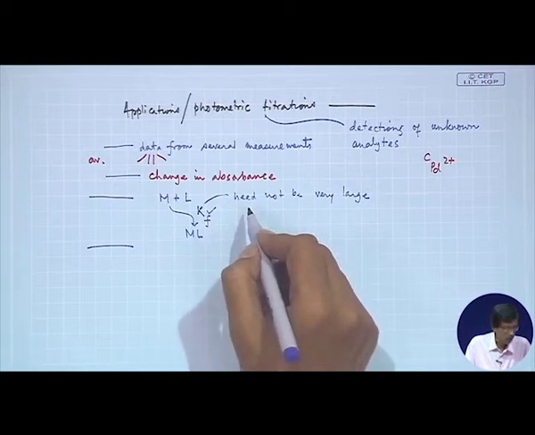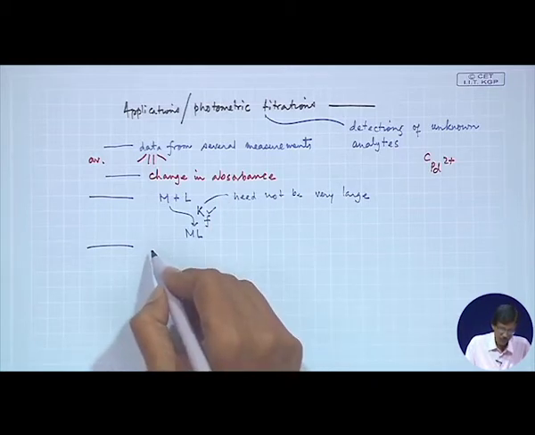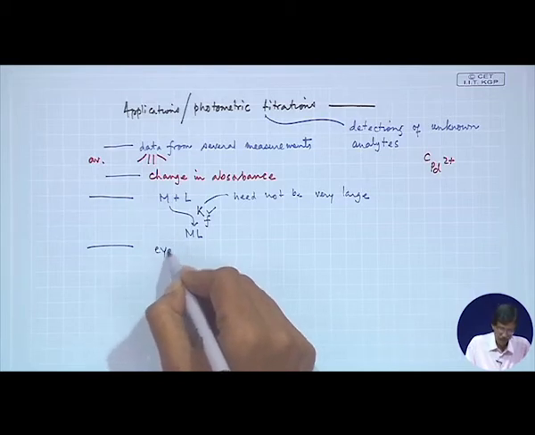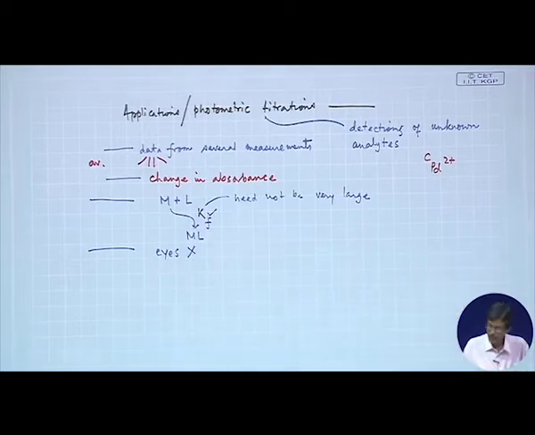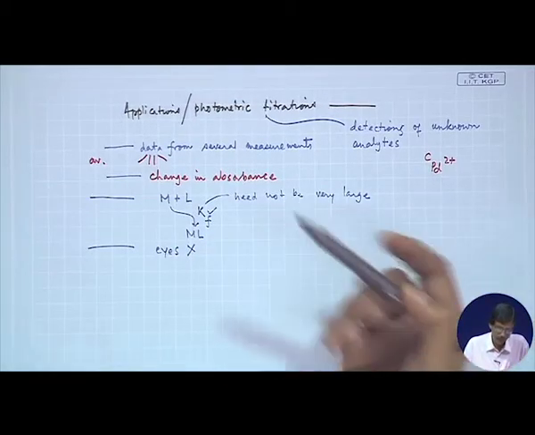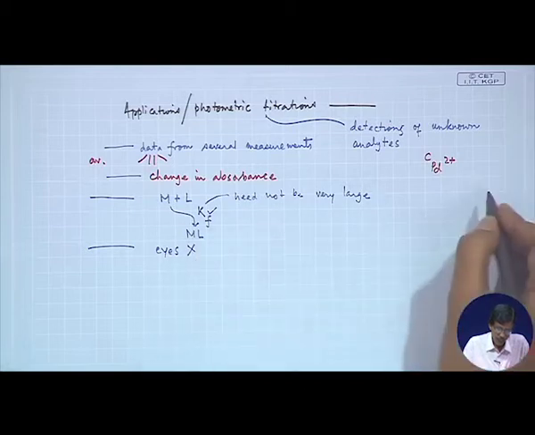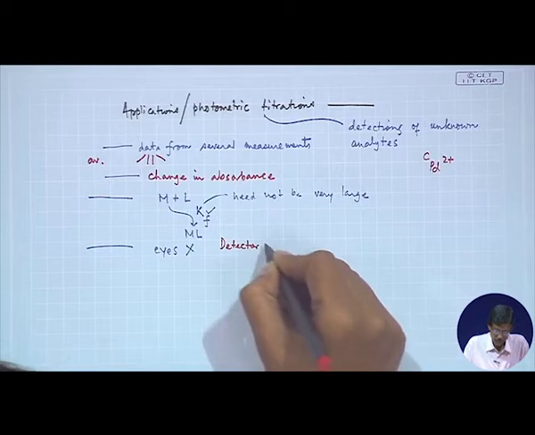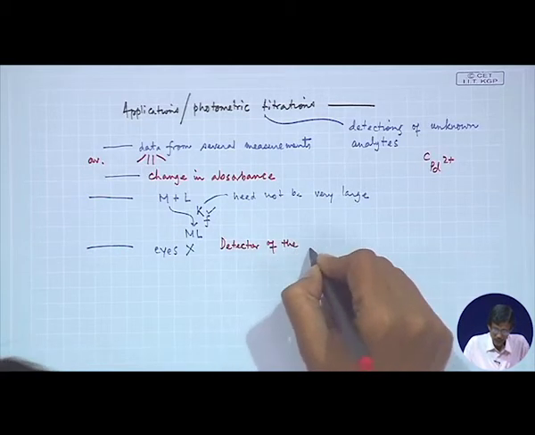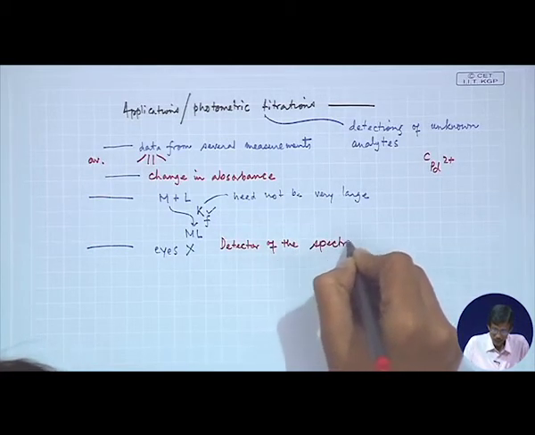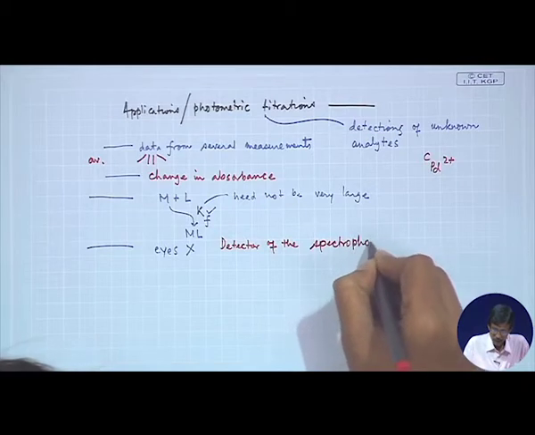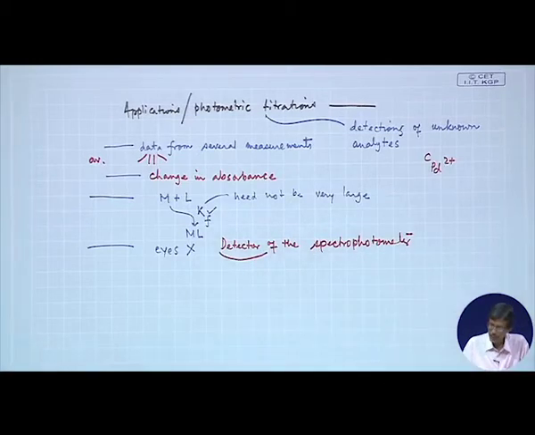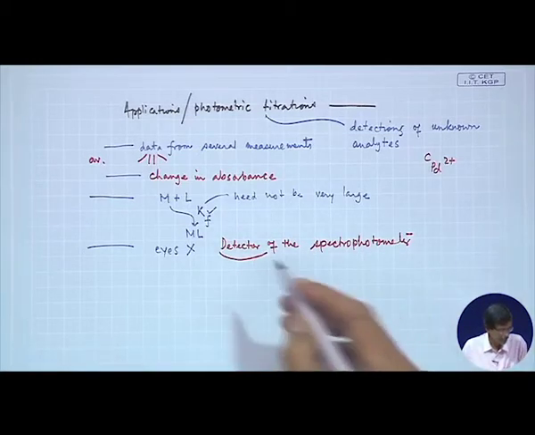The K value is not required to be much, and the detection is not manual, not visual. Our eyes are not utilized to detect the color change or the intensity of the color. It is the detector of the spectrophotometer which is being utilized; the eyes are replaced by the detector.